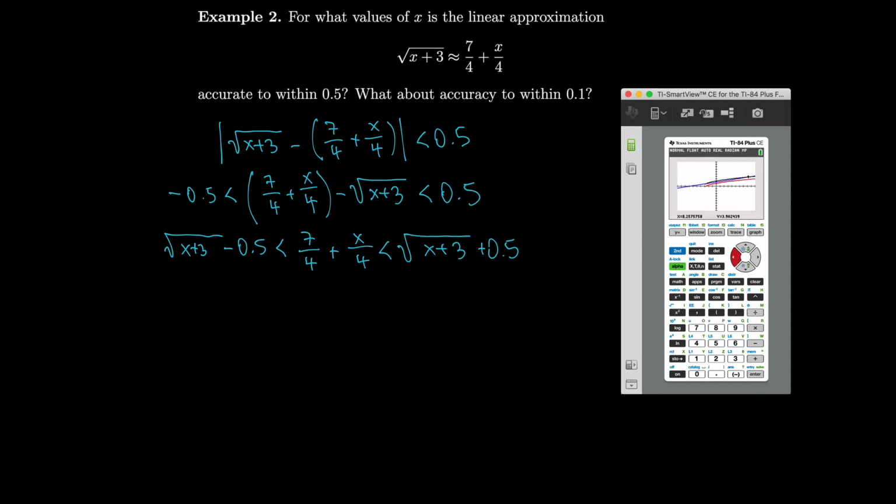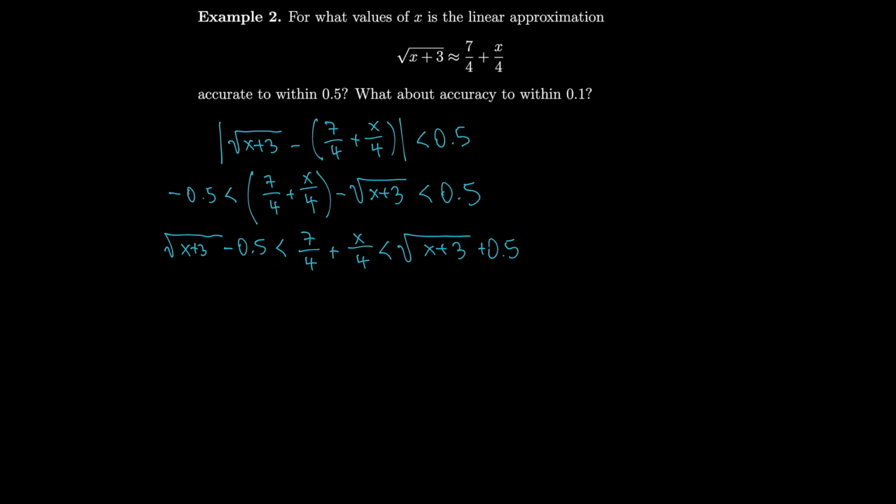Go backwards to be safe, so we'll say it's 8.6. So that means that this linearization is accurate within 0.5 whenever x is between negative 2.6 and 8.6.